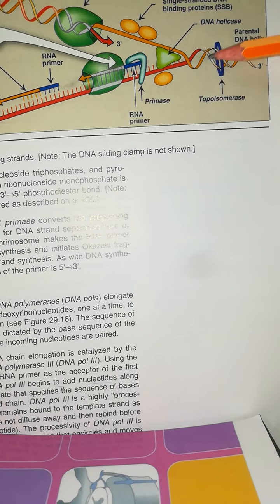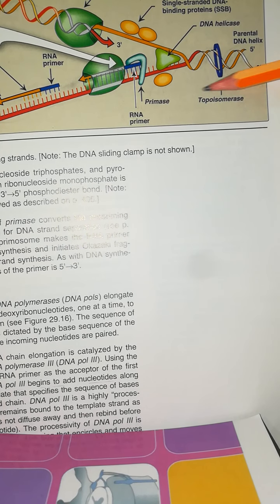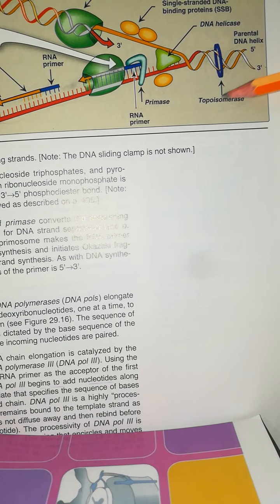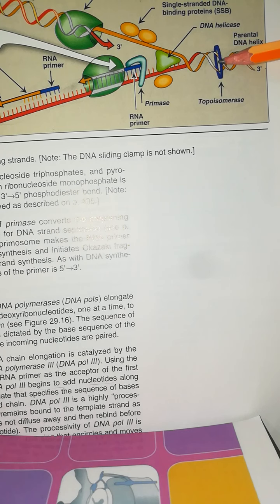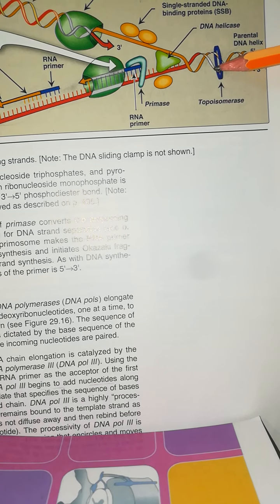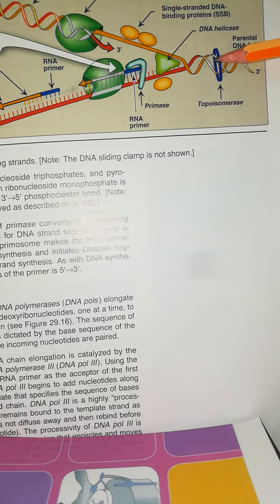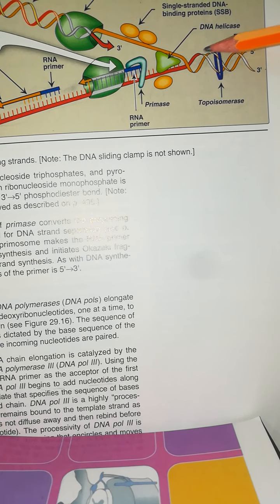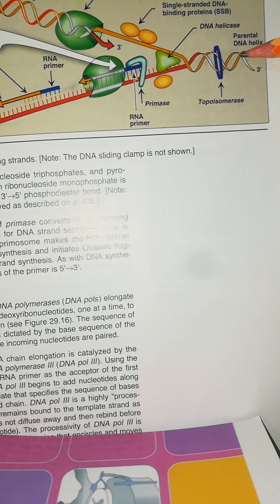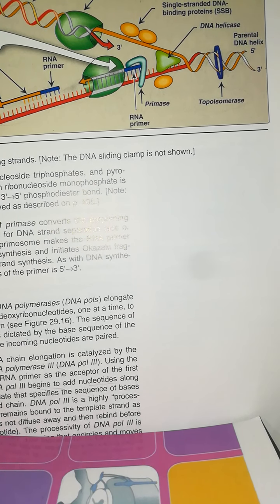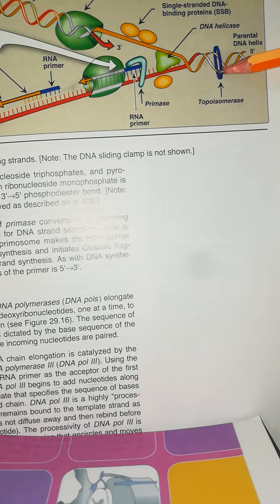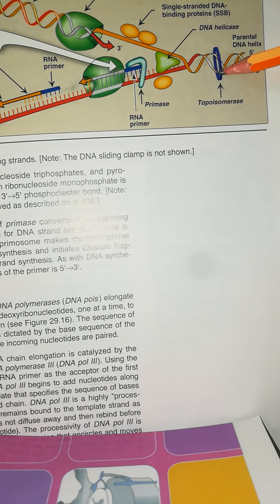At that time, topoisomerase 1 and topoisomerase 2 come to the site and cut one strand or two strands. When needed, it cuts one strand, then the double strand is unwound. When needed, it cuts both strands.